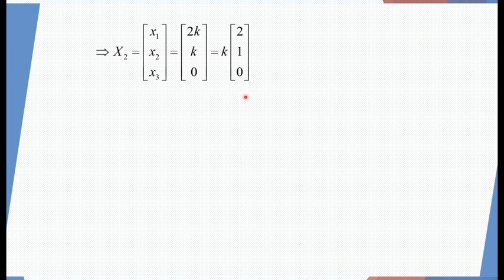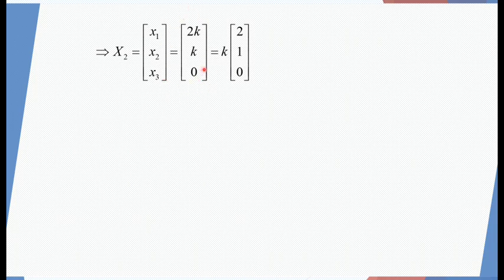Now see, there is another eigenvalue which is 2, which is the same as the previous. So when we try to find the eigenvector again at lambda equals 2, the same eigenvector arises, that is 2k, k, 0.